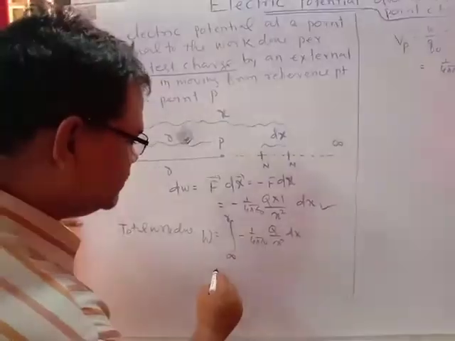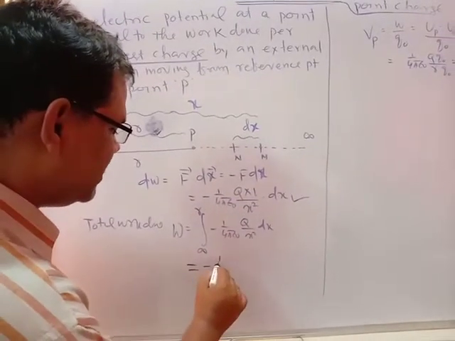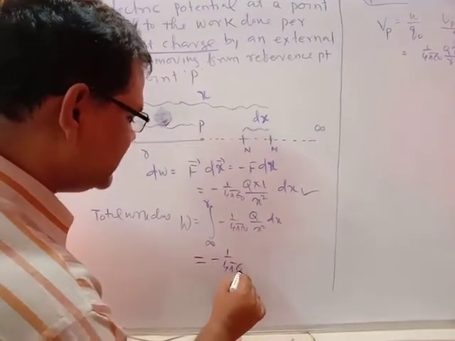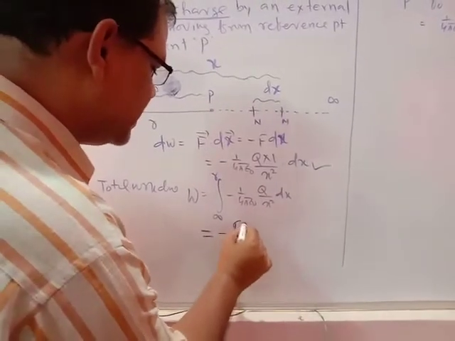So this equals minus 1 upon 4 pi epsilon naught, with Q also taken out.